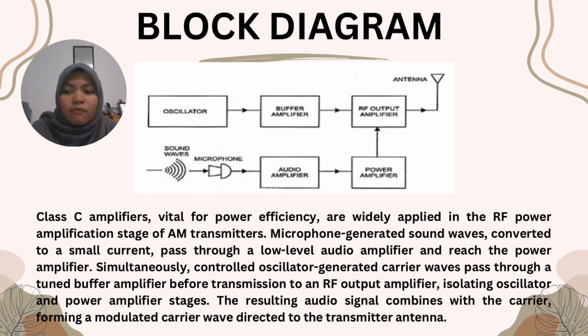The buffer amplifier is used to isolate the radio frequency oscillator and the power amplifier stage. The amplified audio signal is then combined with the carrier to give a modulated carrier wave, which is fed to the transmitter antenna.